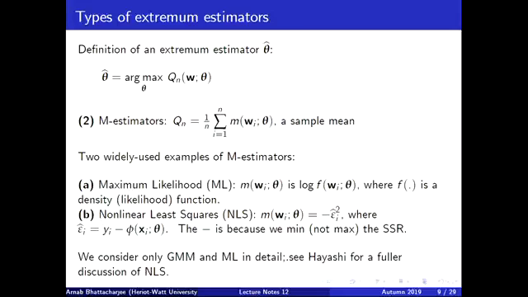Okay? Please note the distinction of this class of estimators from the classical minimum distance estimators. The mechanism that we follow to show properties of these kinds of estimators will be different from classical minimum distance. For classical minimum distance, there's a certain mechanism.